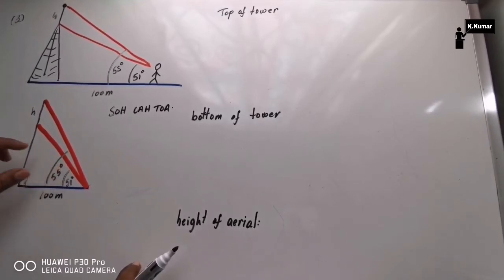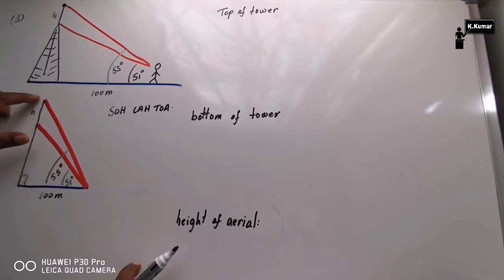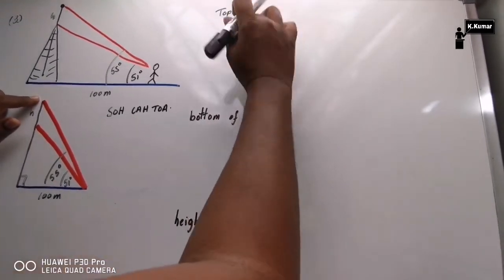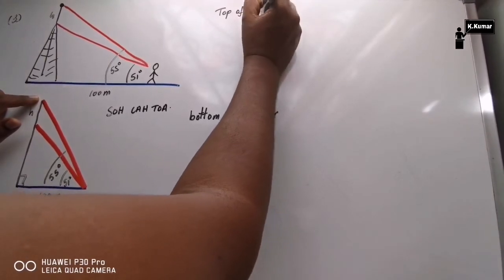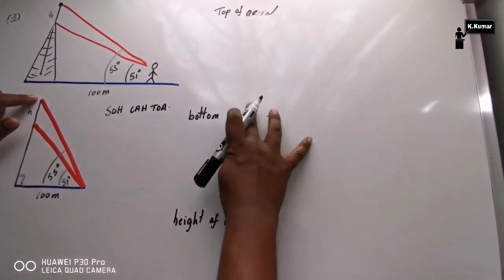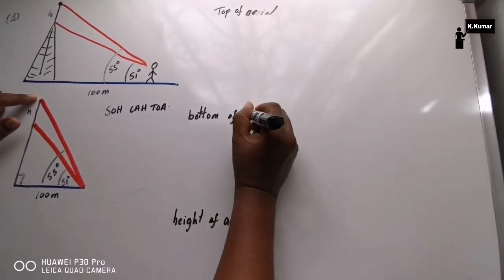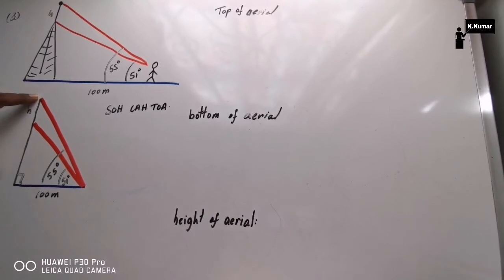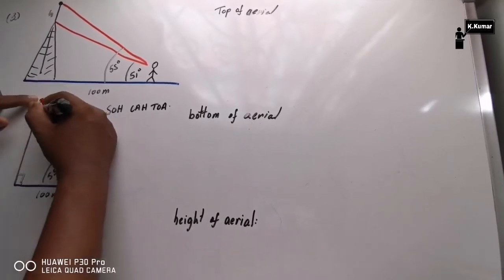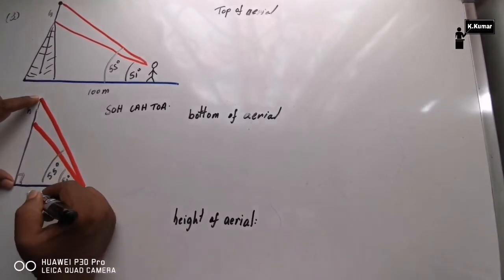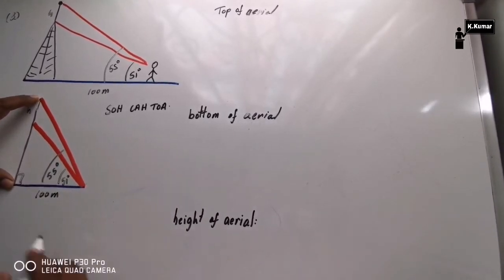So if we're to work with the top of the aerial, then we're looking at the height, all of this, and we have to take the 55-degree angle into consideration.